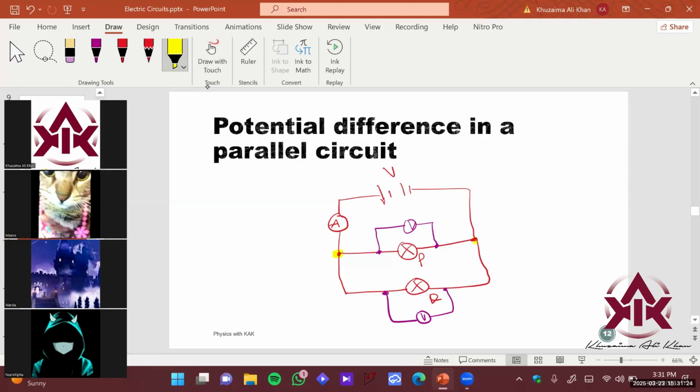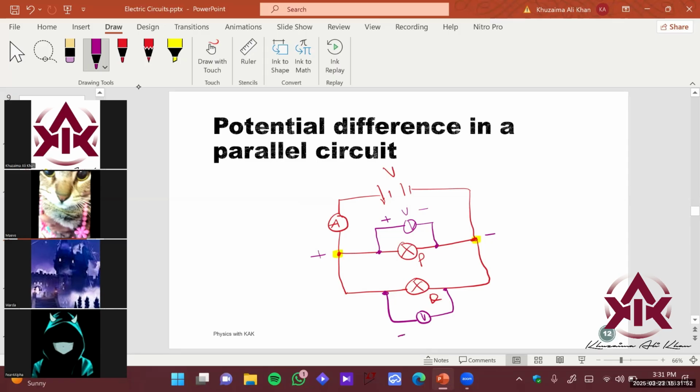This is the positive node, this is the negative node of the battery, because it directly goes towards the positive plate, and this directly goes towards the negative plate of the battery. Okay, जी? So you can see that these two lamps are connected with the same poles, same nodes, positive and negative. Therefore, they're going to have the same potential difference across them.